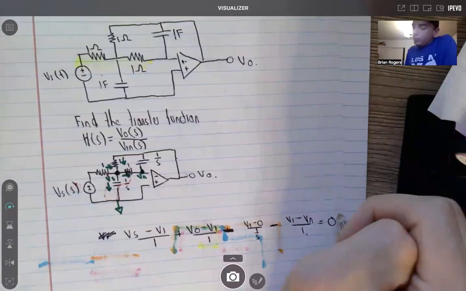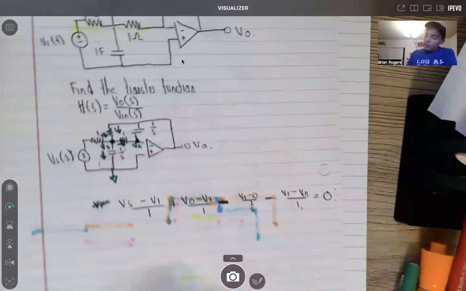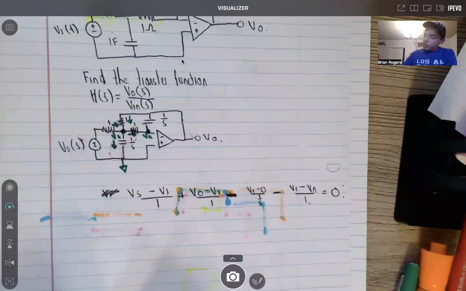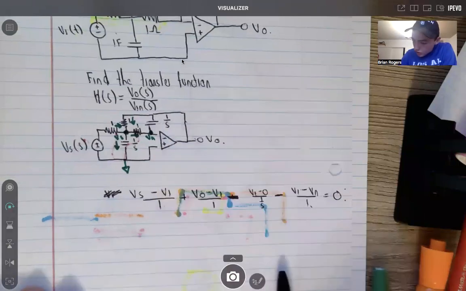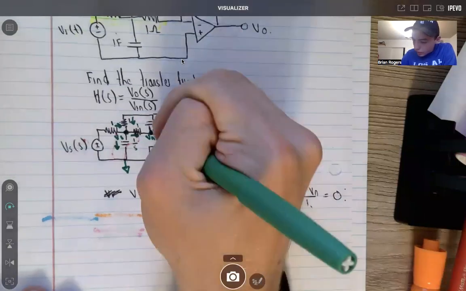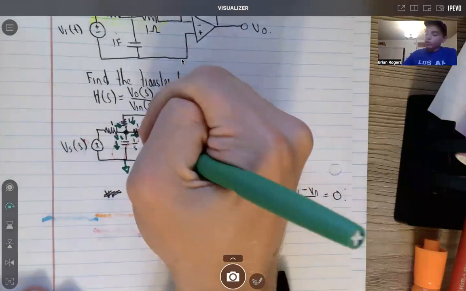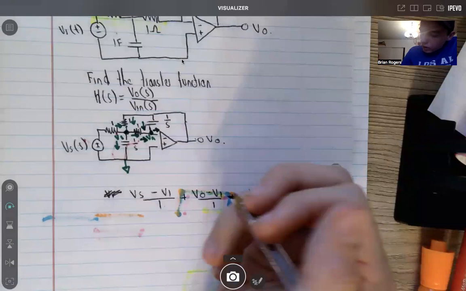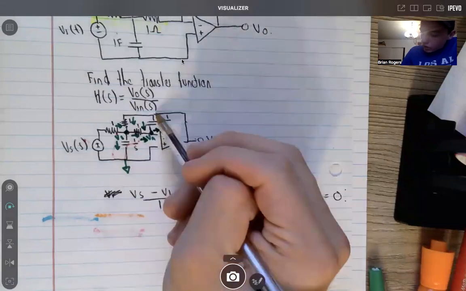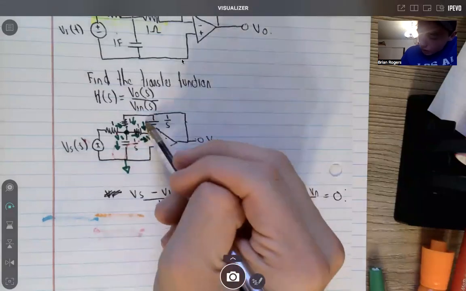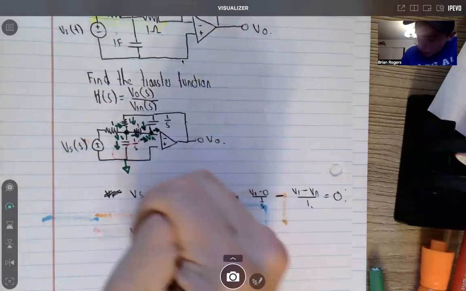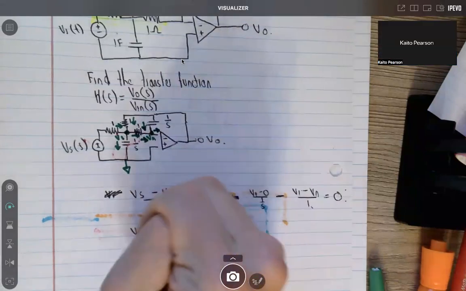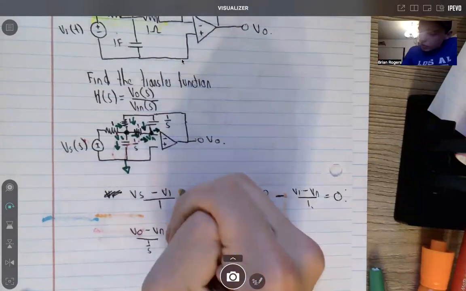Okay, we need to make another equation. And so that would be for V of N then. There's going to be one current arrow coming down, one going in, and one going to the right. So for our V of N, we'll start from the top arrow. V out starts, and then goes to V of N. So V out minus V of N all over 1 over S. And then this arrow is coming into it as well.